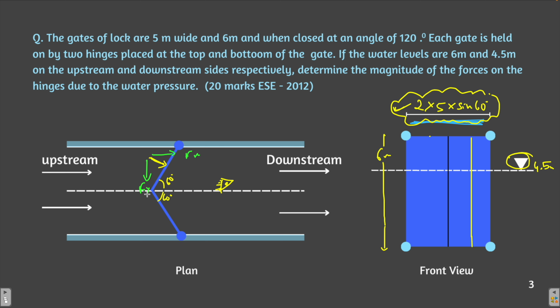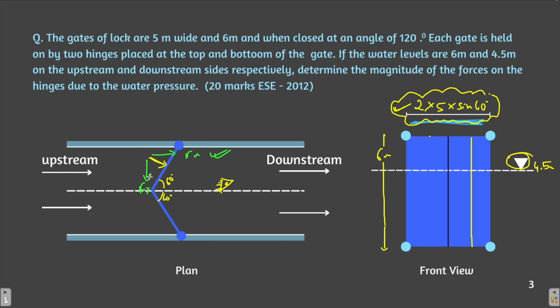Since the water level is the same in the upstream side and the same in the downstream side, this force Fy will get cancelled out, and only there is a difference in level in Fx. So this force will be considered. Force Fy will be cancelled out, and the only force which will cause reaction in the hinges will be the force in the x direction.